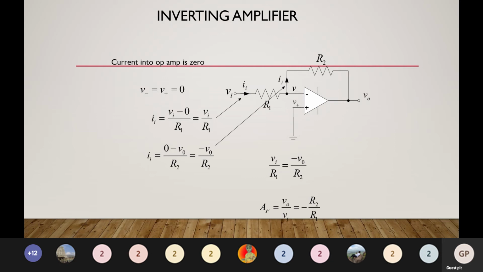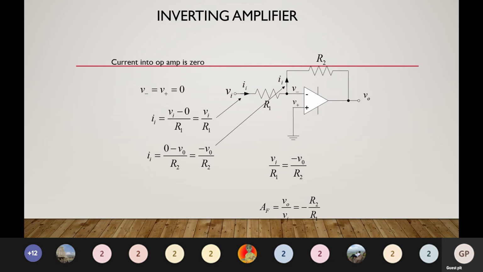So what do you mean by inverting amplifier first? Inverting amplifier means an amplifier which will do the process of amplification, and here there will be a change in the polarity. That is, for a DC signal, when I give positive voltage, my output will be negative. When I give negative voltage here, my output will be positive.